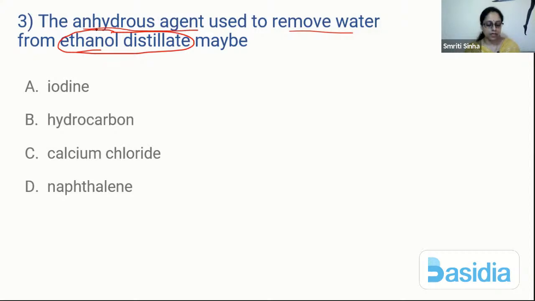Anhydrous reagent means a reagent which removes water. So which is that reagent which will help you remove water from ethanol without reacting with ethanol? The correct answer over here is option C, that is calcium chloride. Calcium chloride is one of the anhydrous reagents which adsorbs water on its surface, leaving the ethanol in a pure state.